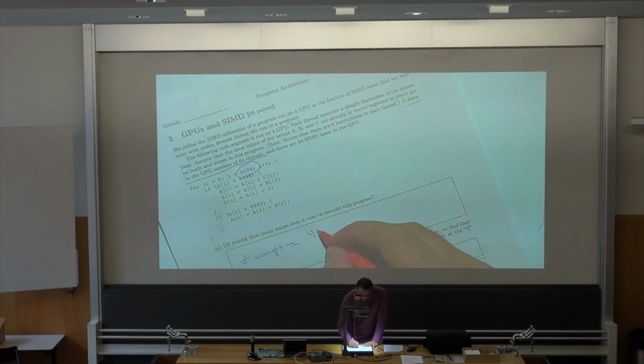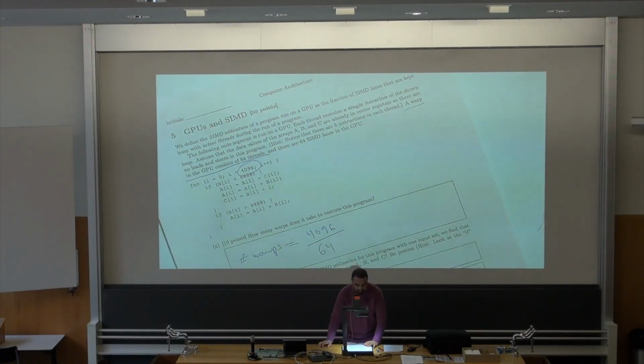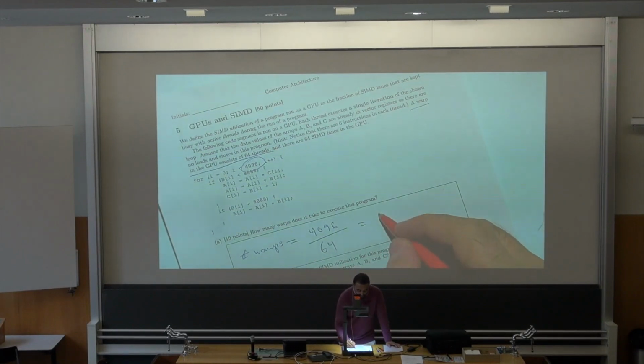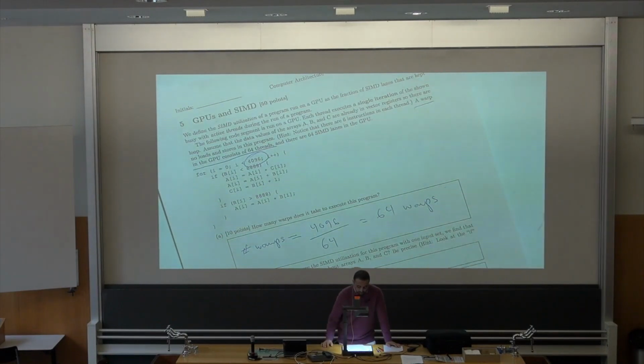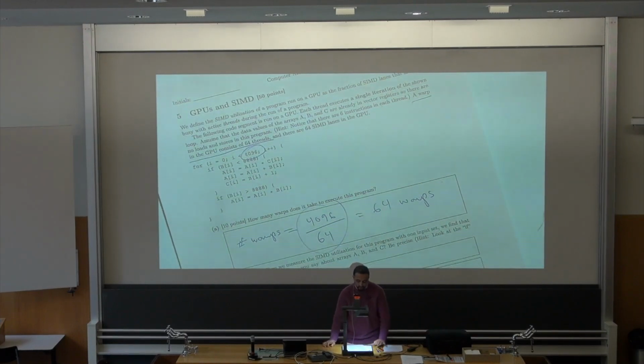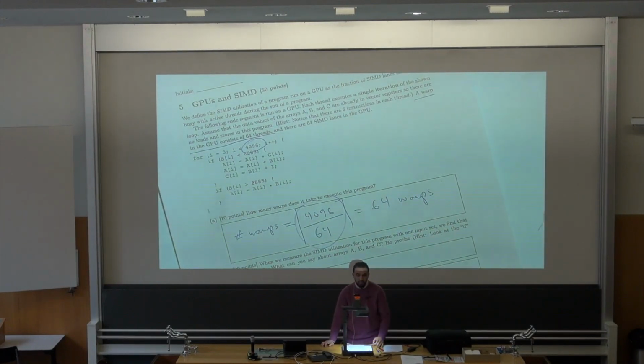So you have 4096 over 64, which gives you 64 warps. So this question is straightforward. However, if this fraction is not divisible by 64, normally we take the ceiling, because you cannot leave part of those threads out, and if they are inside a warp, then you are utilizing that warp as well.